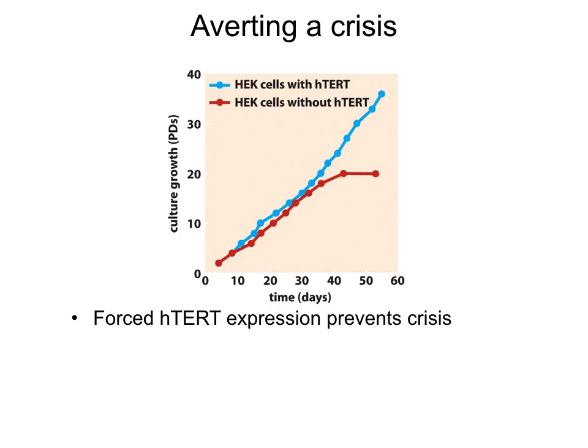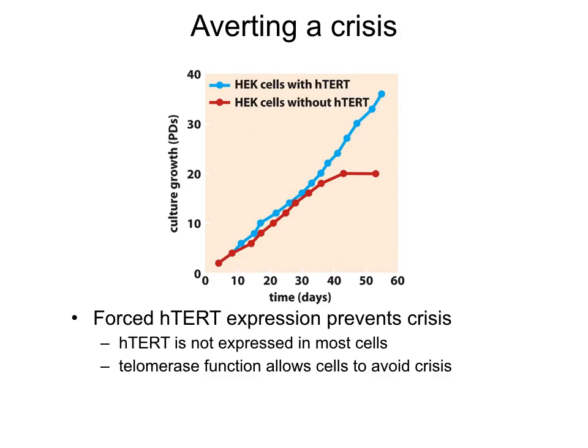If, however, you force expression of the protein subunit, TERT, this allows cells to not undergo senescence and crisis and allows the cells to continue to proliferate. So it seems that expression of TERT and allowing telomerase to function is sufficient to functionally immortalize these cells.